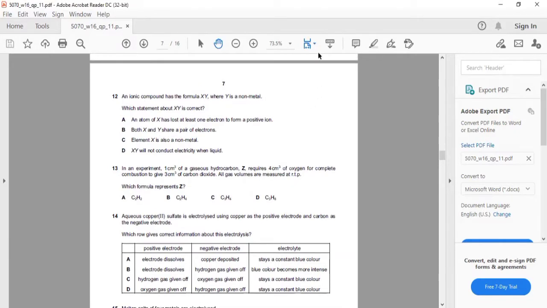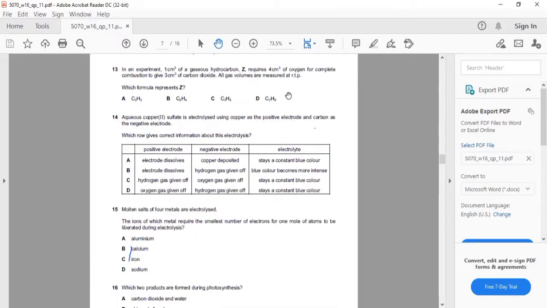Number 13. An experiment: 1 cm cube of a gaseous hydrocarbon requires 4 cm cube of oxygen for complete combustion to give 3 cm cube of carbon dioxide.